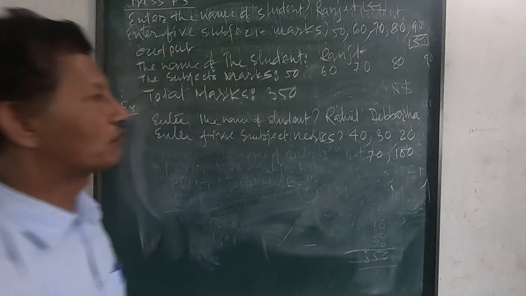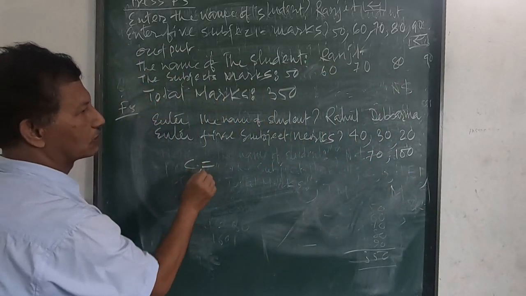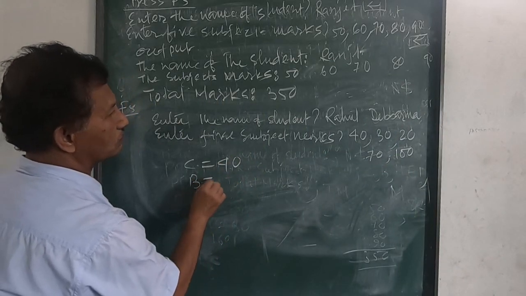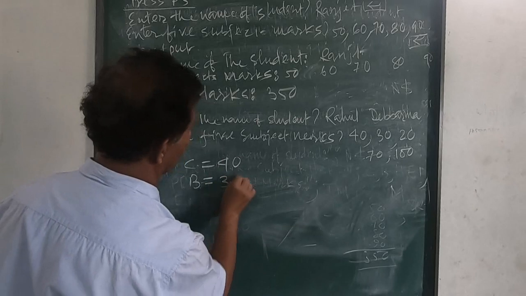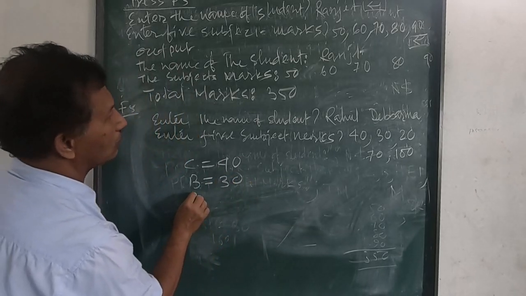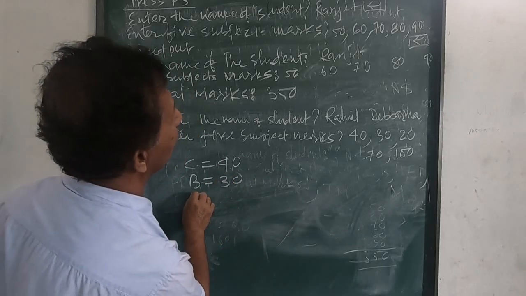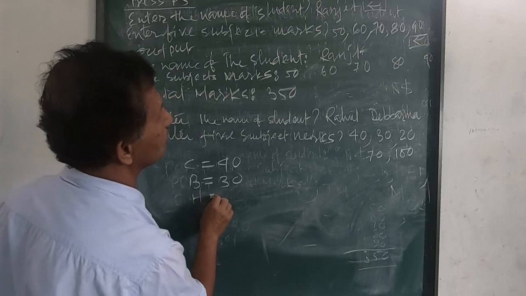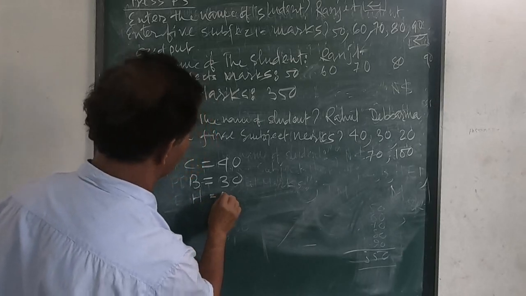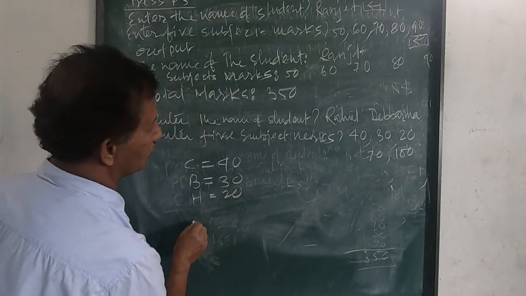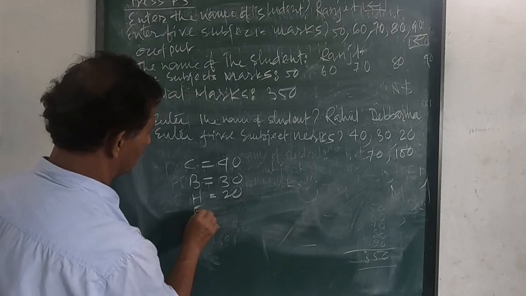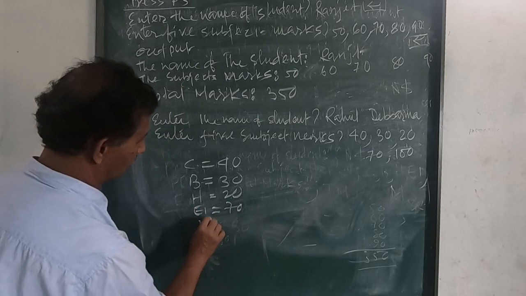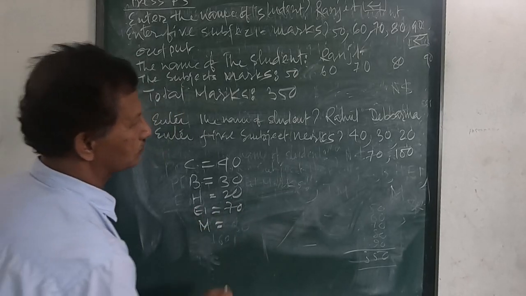Next time the value of C will become 40, B will become 30, H will become 20, E1 will become 70 and M will become 100.